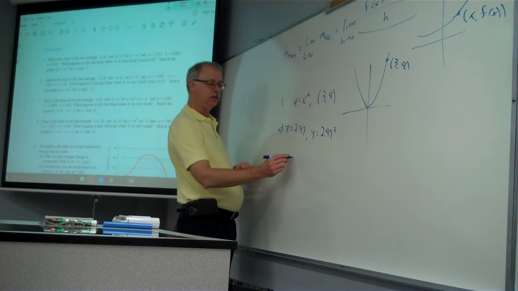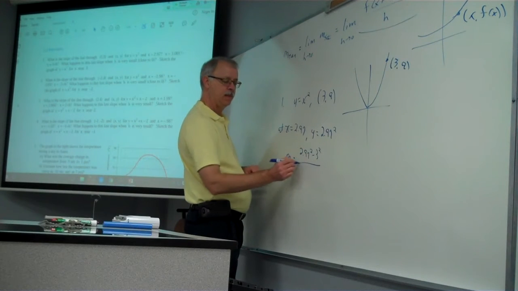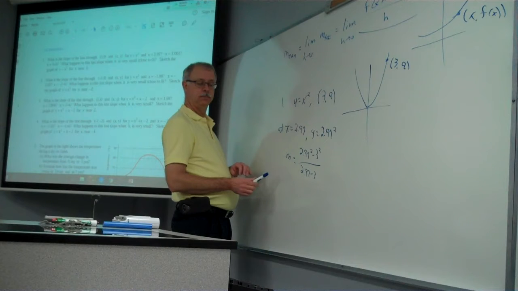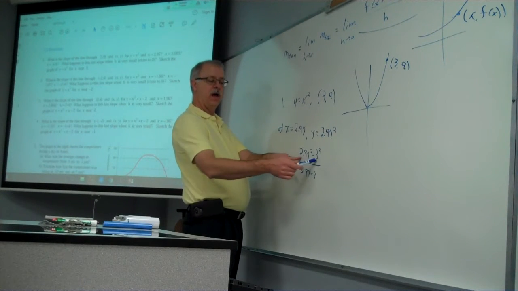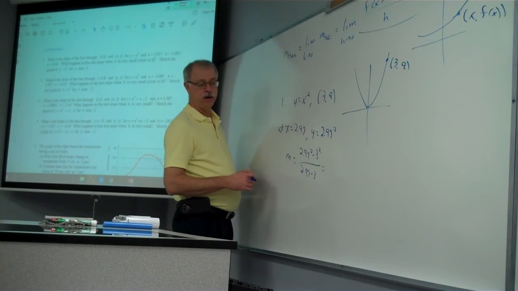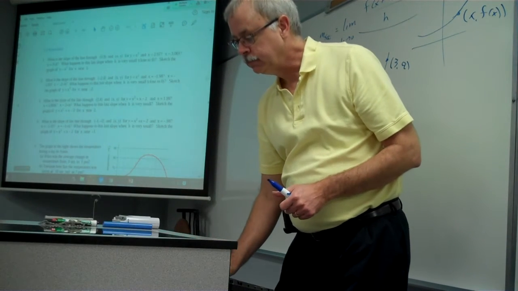And so our slope here is change in y divided by the change in x. So the two y values divided by the two x values, we pull out our calculator and figure out what we get.